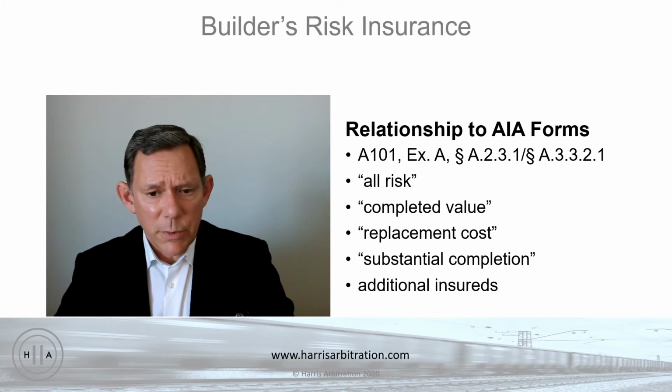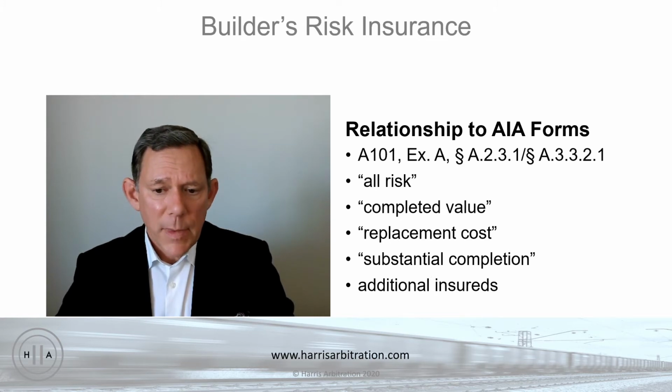The AIA forms require the builder's risk to be in the total amount of the completed value of the project, as opposed to some sort of diminishing schedule of the work in place, and to be at, quote, replacement cost. Okay, that's important because the cost of replacement, as opposed to the fair market value of work, can be very different.